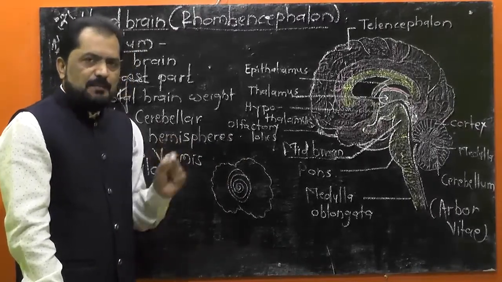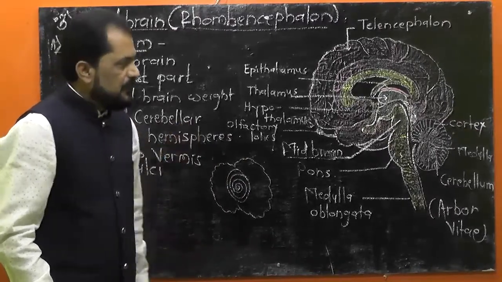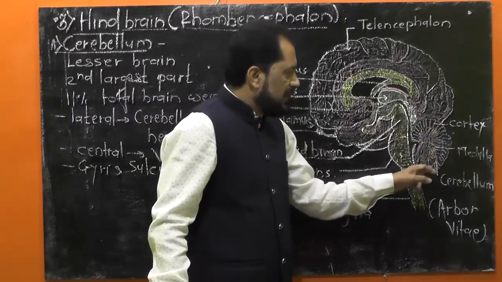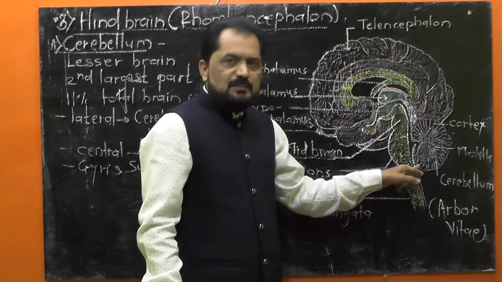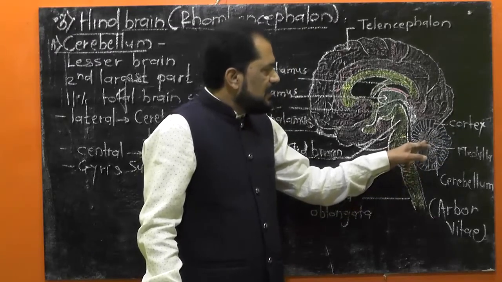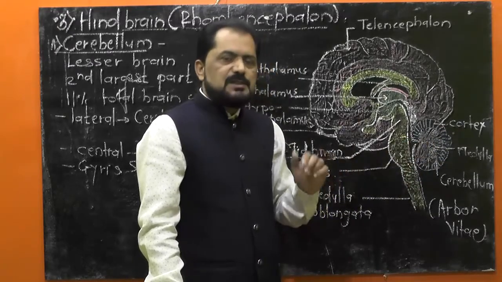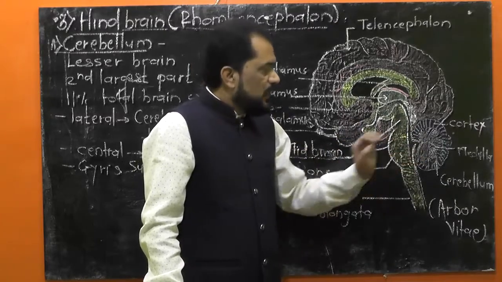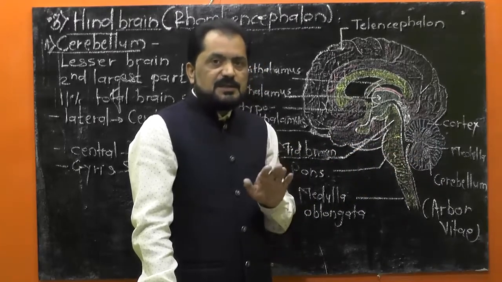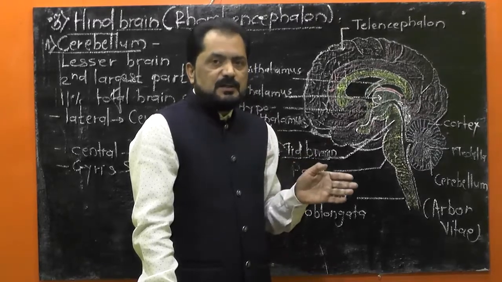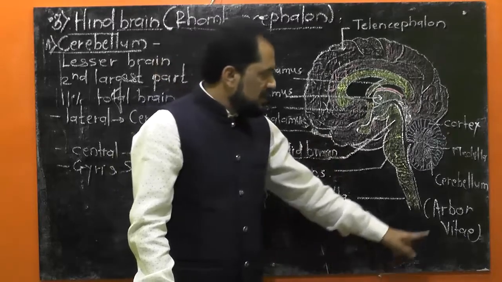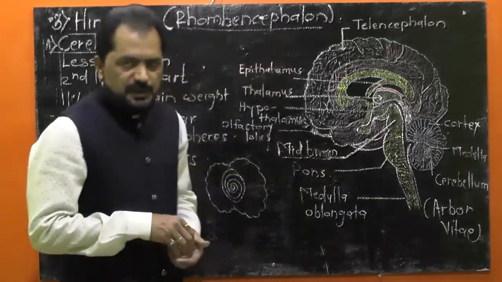Vermis appears worm-like. Then cerebellum shows peripheral gray matter known as cerebellar cortex and internal white matter known as cerebellar medulla. Of course, here that white matter is penetrated into the gray matter just like a branching nature of tree, so also it is known as the arbor vitae.